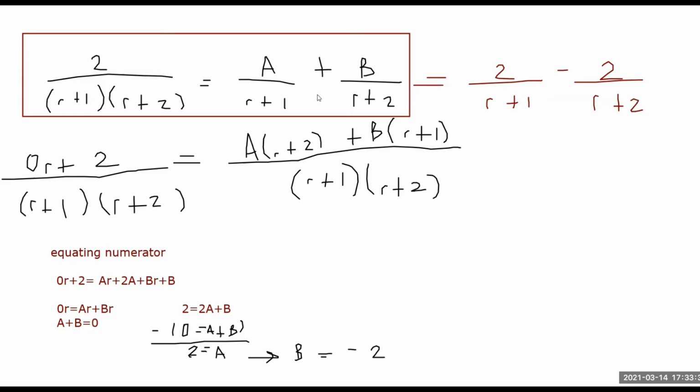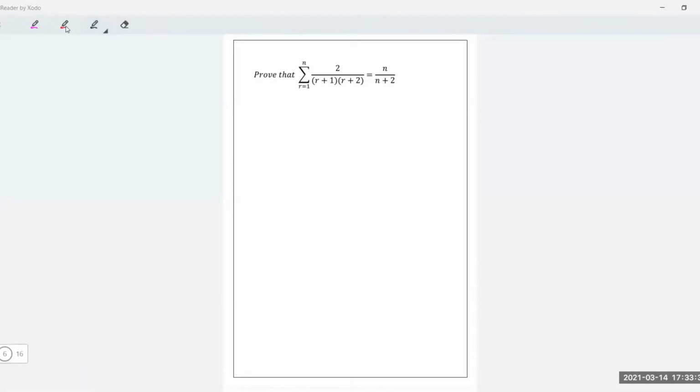So continuing this question using the method of differences, we can rewrite this as the sum from r equals 1 to n of 2 over r plus 1 minus 2 over r plus 2.